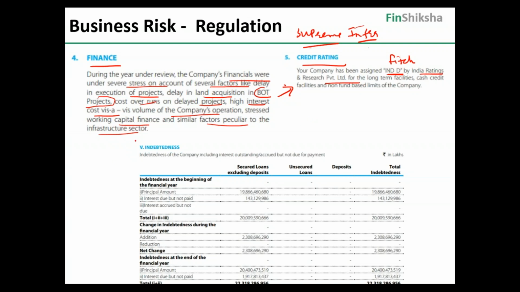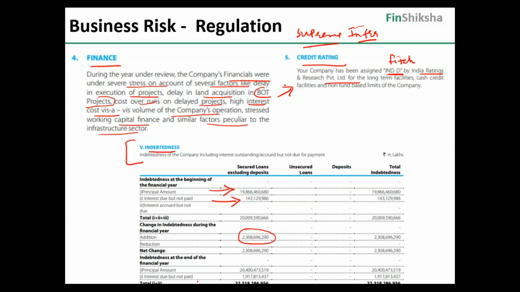That is displayed in this particular section, which is indebtedness. It says what is my principal amount at the start of the year, interest accrued or due but not paid, and then how much addition I have done. So this is not the addition per se. This is not the new interest. This is basically old debt with the interest.